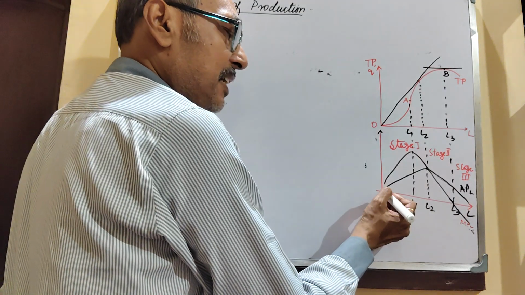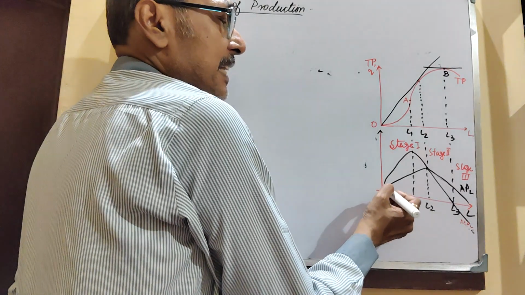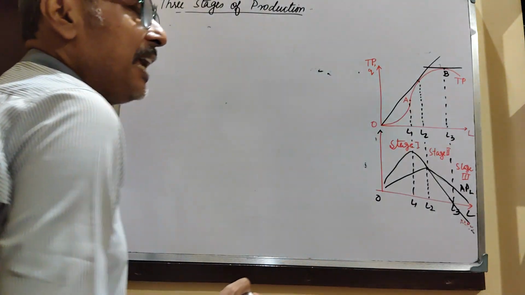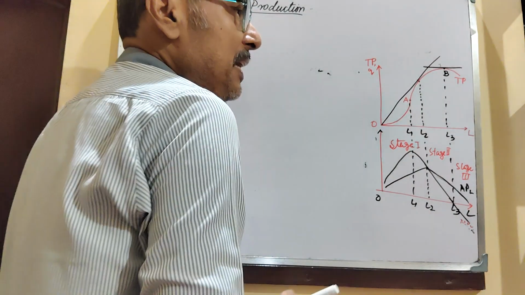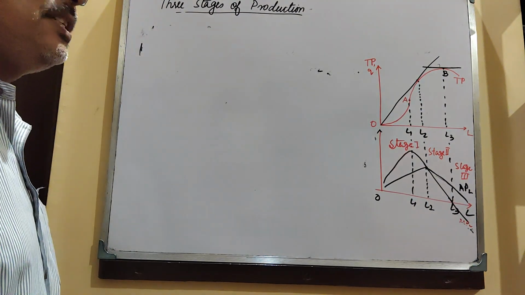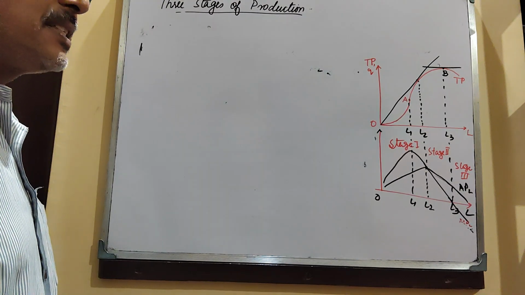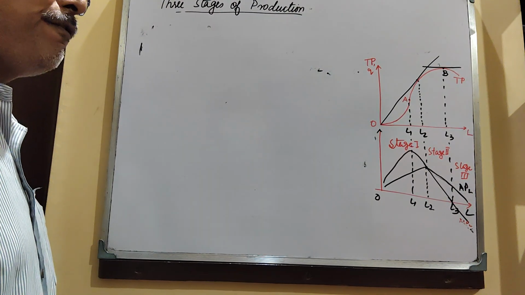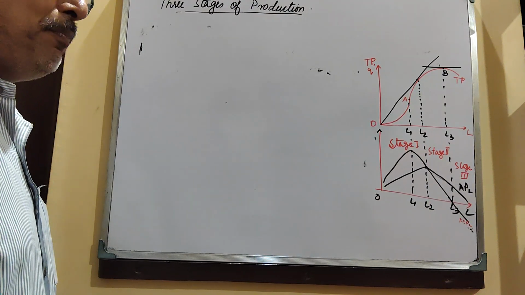It never starts from the origin. AP is undefined when L equals 0, and L is 0 at the origin. MP, the marginal product of labor, is the contribution of the last unit of labor employed. At L equals 0 there is no last unit of labor. MP is defined when one labor is employed.